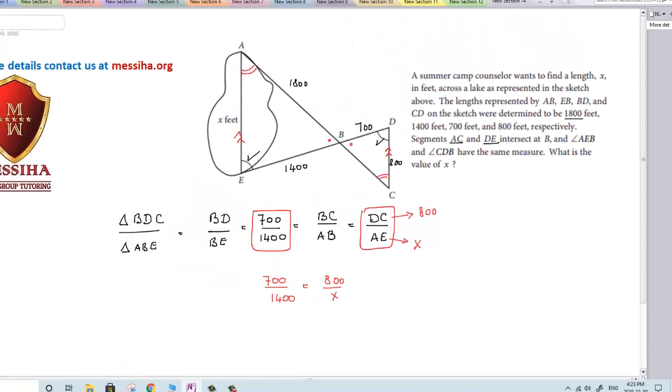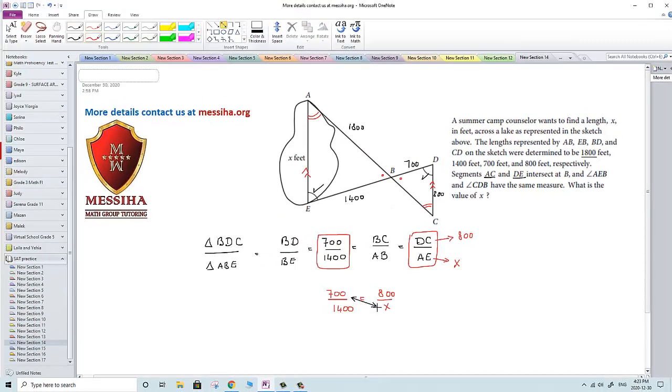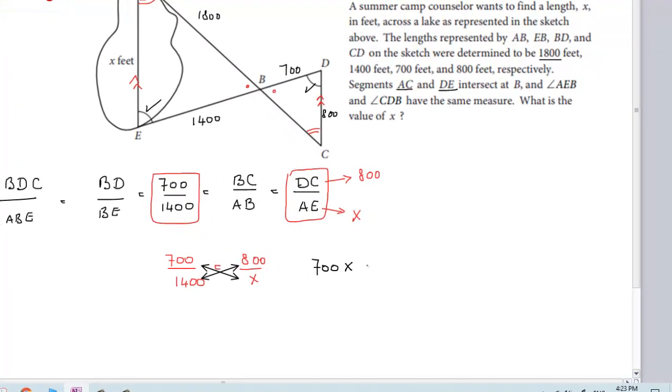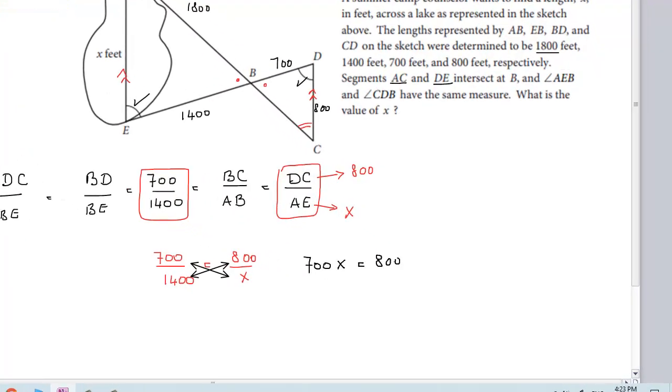So I can say what? Using cross multiplication, I can say that 700 times X is the same as 800 times 1400.